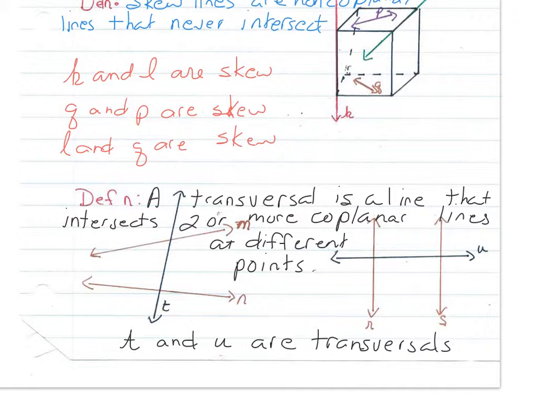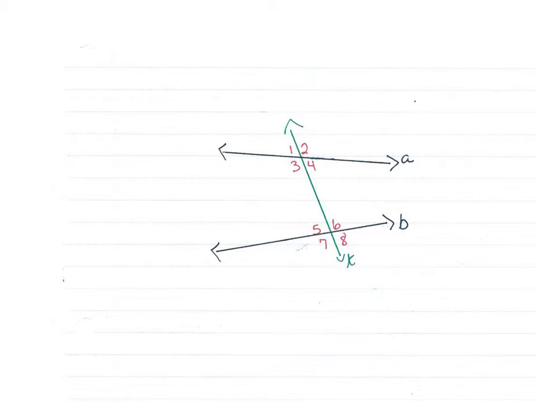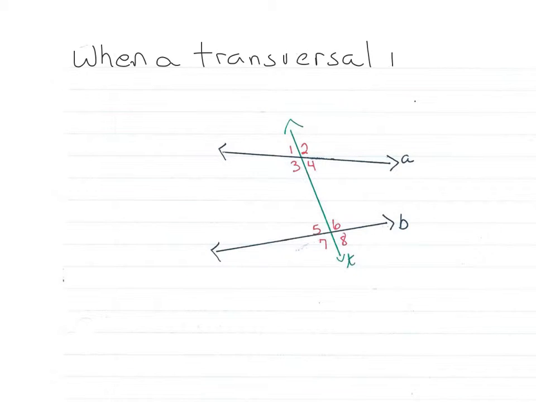All right, we will see transversals a lot. Let's go to the next. When a transversal intersects two lines, notice that 8 angles are formed.